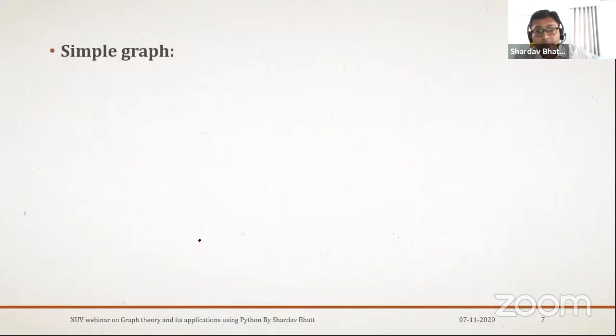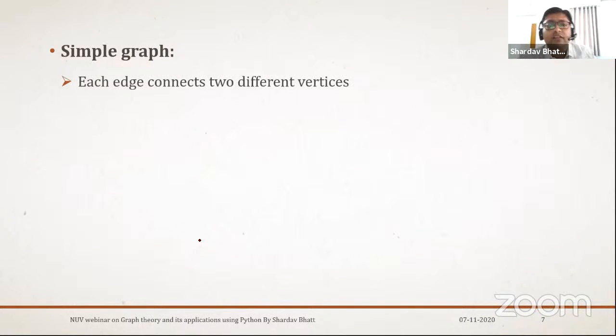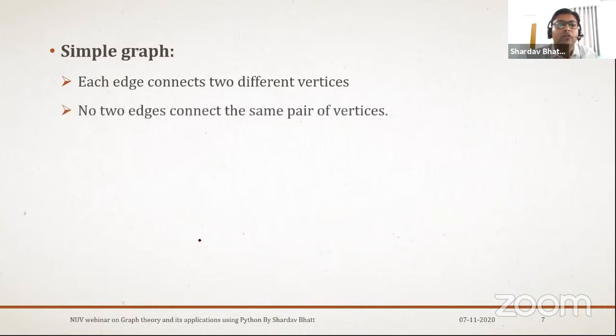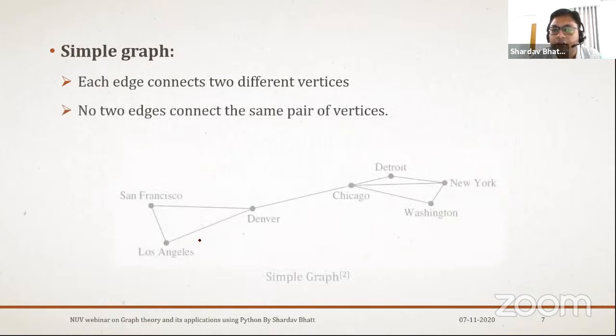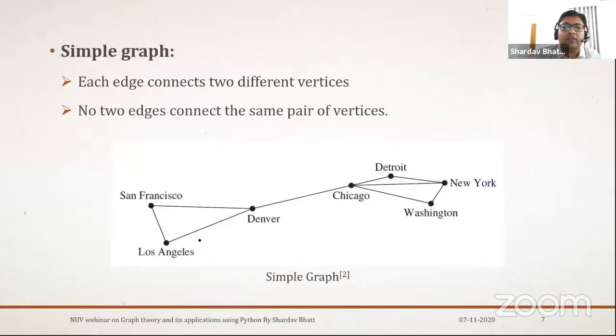So there are various types of graphs. First is the simple graph. Each edge connects two different vertices and no two edges connect the same pair of vertices. This is an example of a simple graph. So basically you can see that there is one edge between every pair of vertices. That is the first condition, and there is no edge which starts and ends on the same vertex.